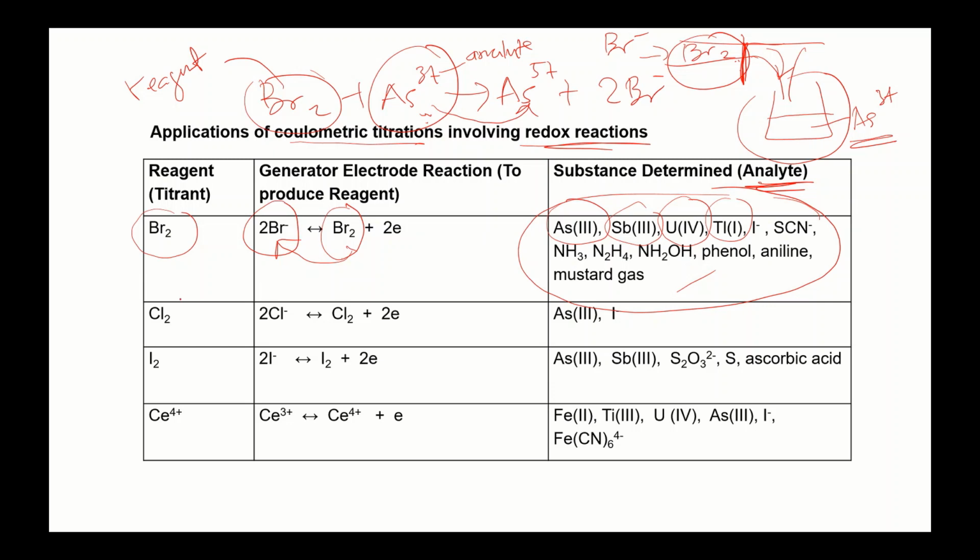Similarly for chlorine, iodine, and cerium 4. So cerium 4 as reagent: how can you produce the reagent from cerium 3? This is the precursor, this is the reagent.